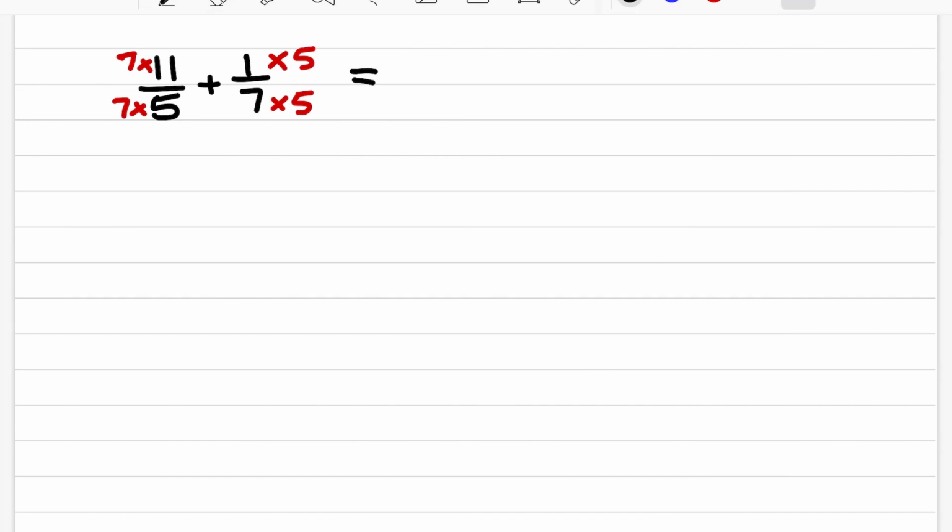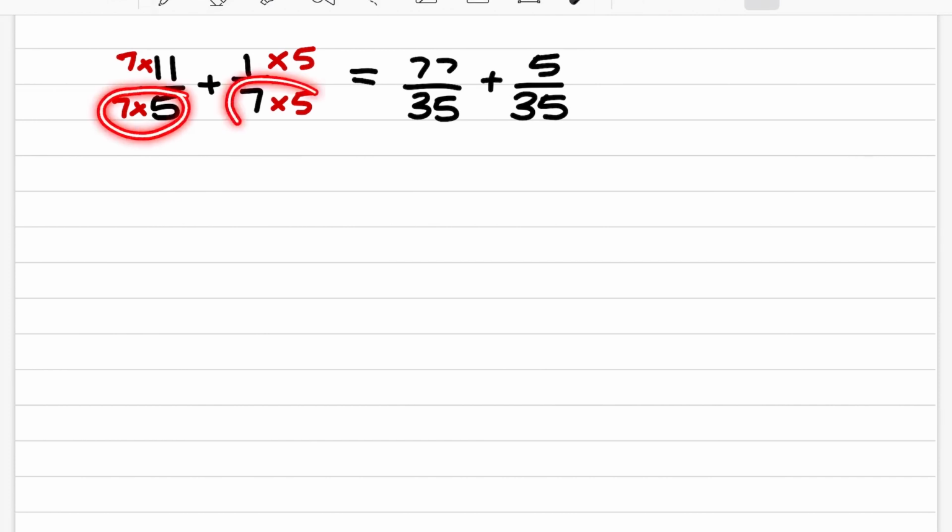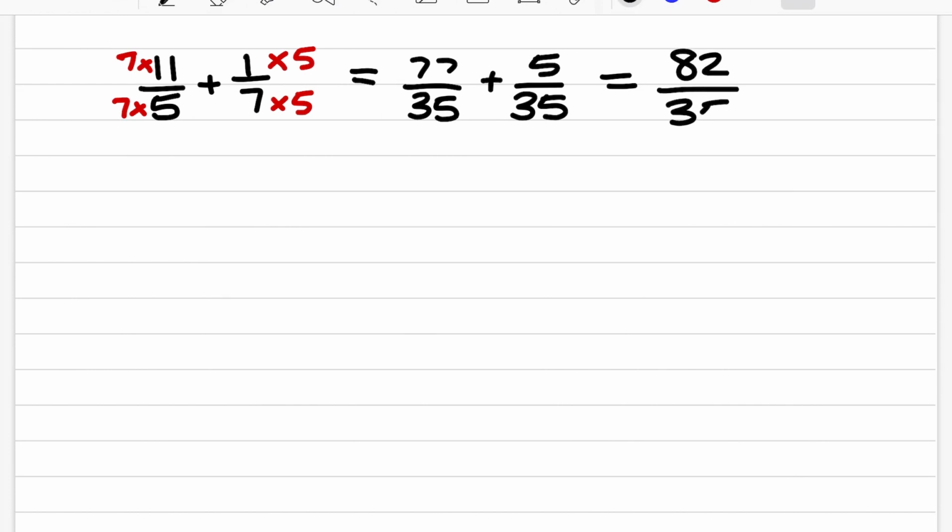And you'll see that gives us 77 over 35 plus 5 over 35. Because the bottoms are multiplied essentially by the same, we get the same answer on the bottom. And then we can add up the tops together. So 77 plus 5 is 82 over 35.